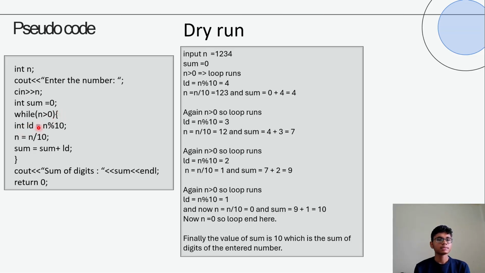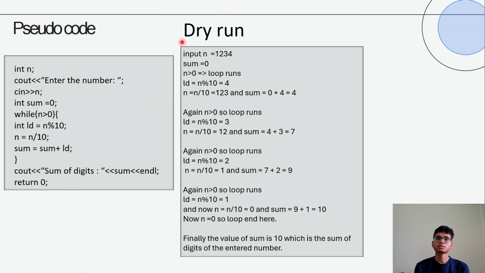Int last digit is equal to n modulus 10. n is equal to n by 10 and sum is sum plus last digit. This whole process after running will finally give the value of the sum of digits of the number. Cout sum of digits, which is sum, endl.